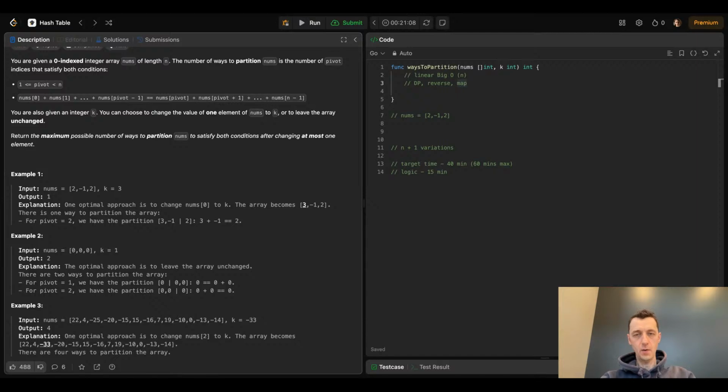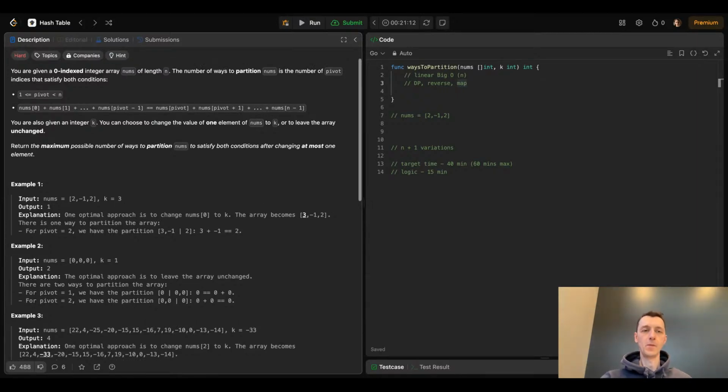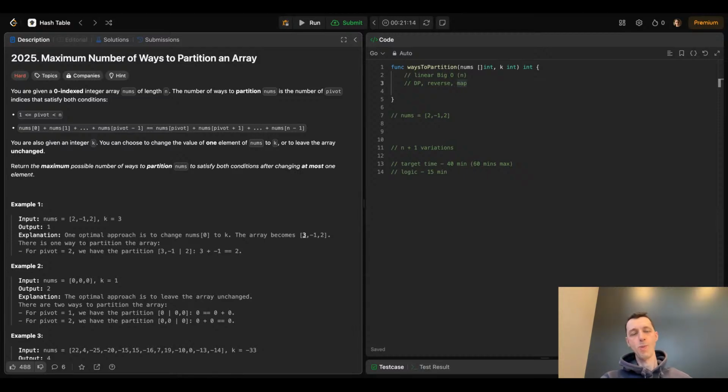Okay, now reverse logic. Start from the other end. Let's count this. I mean, what is the possible maximum number of ways to partition? Let's start from that maximum and count back.